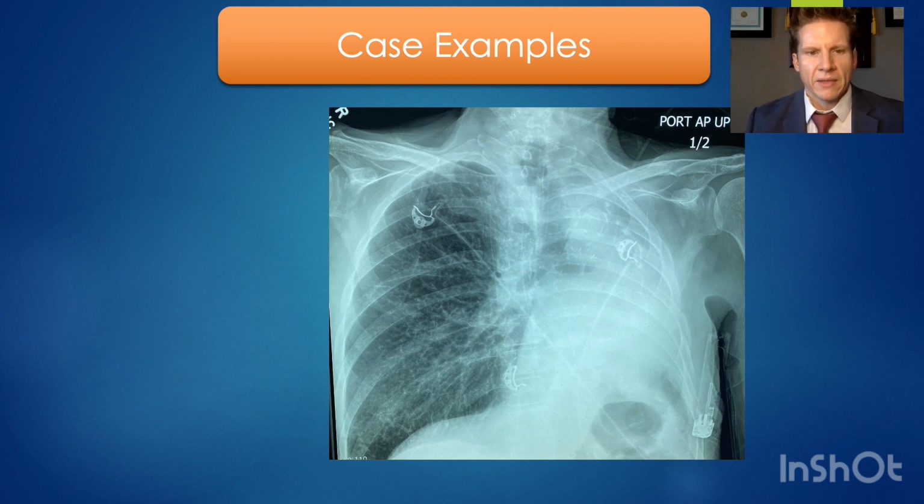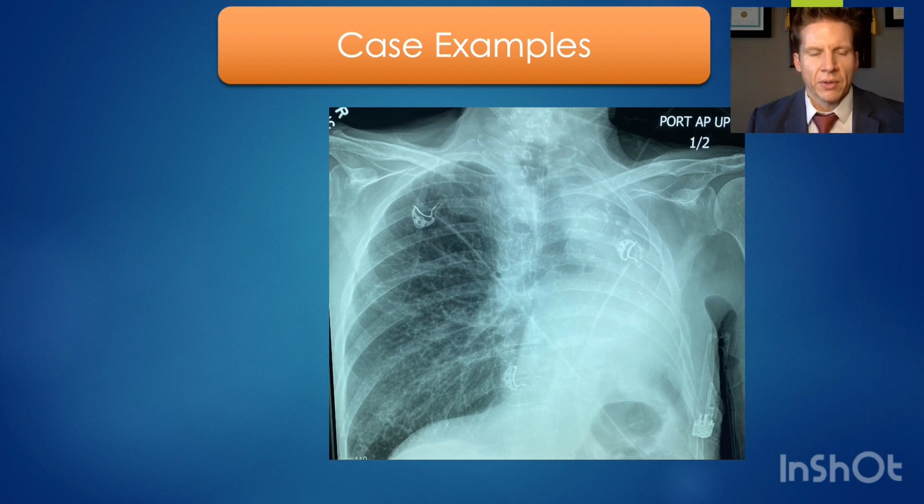There is complete opacification of the left hemithorax with hyperinflation of the right lung. If we quickly go through and look at the right lung, it's otherwise clear. If you look very carefully here, and it's hard to see on this image, but there are a few surgical clips. Now, whenever you have a completely opacified hemithorax, you need to ask yourself, is this a volume losing process or a space occupying process?